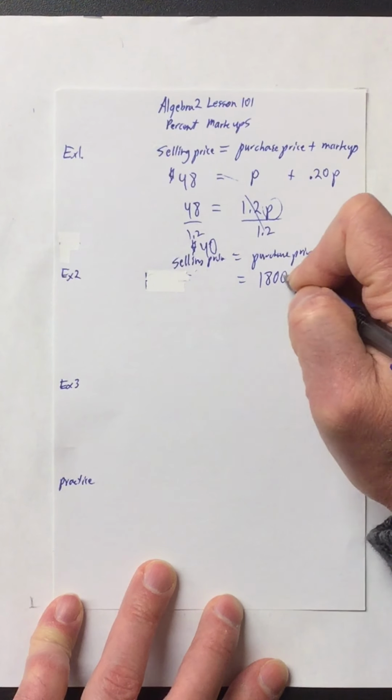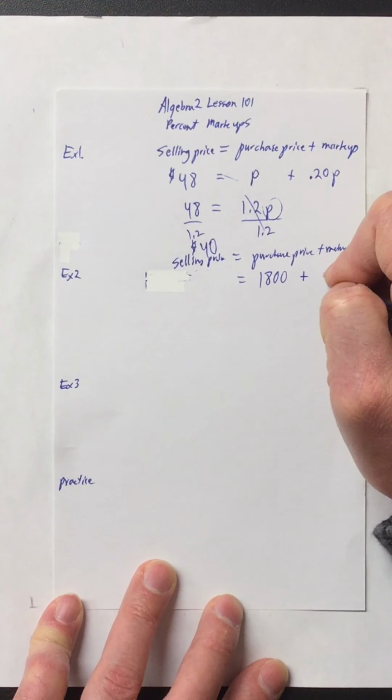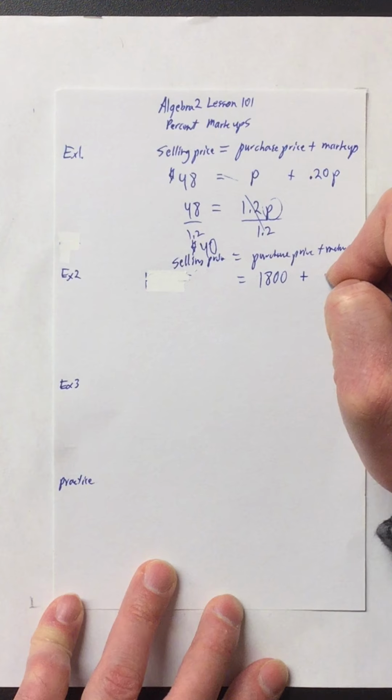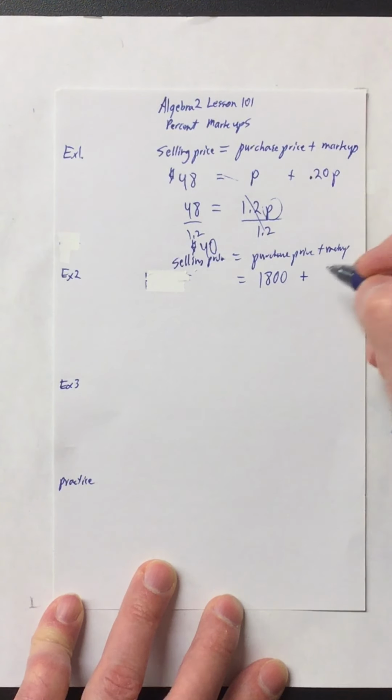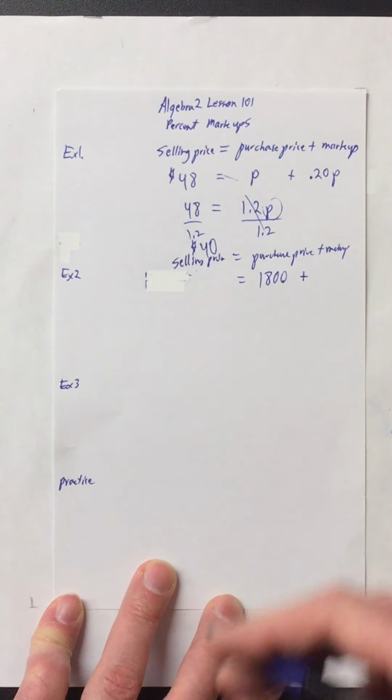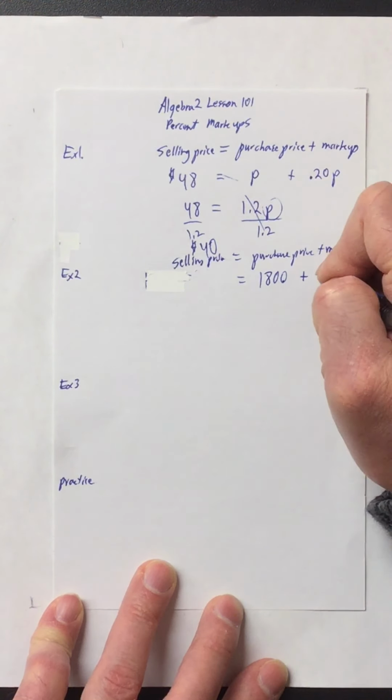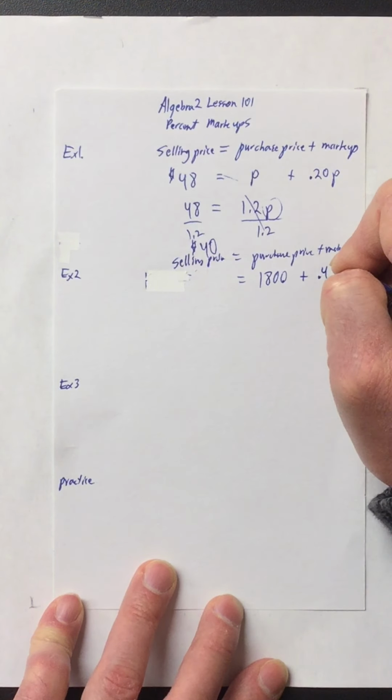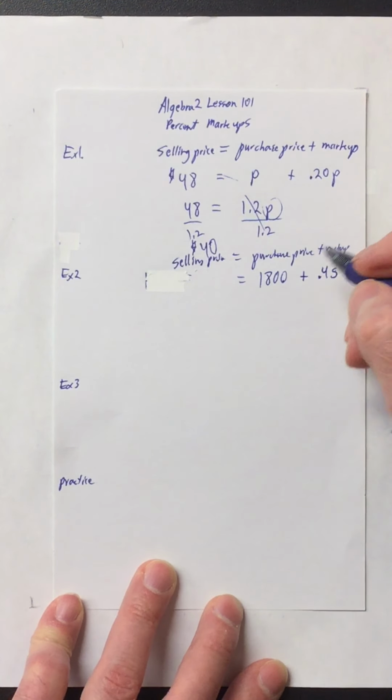Okay, so we're going to do 1,800 plus... the 40% is of, they didn't mark it up 40% off the purchase price, they marked it up 40% off the selling price. So we're going to do 0.4, and we're doing S for the selling price.